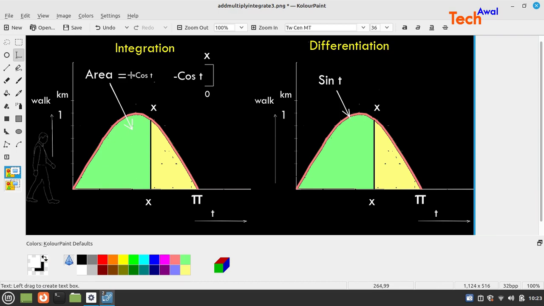So I can say sine t equals d of minus cos t by dt.